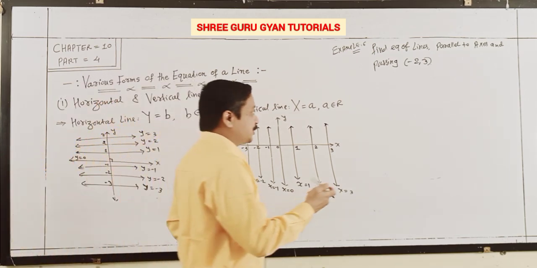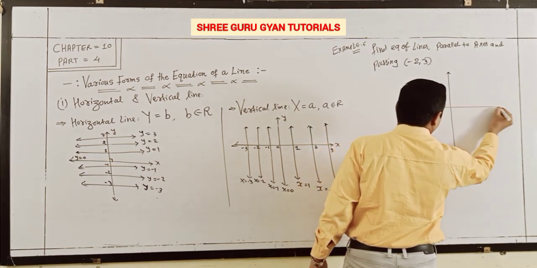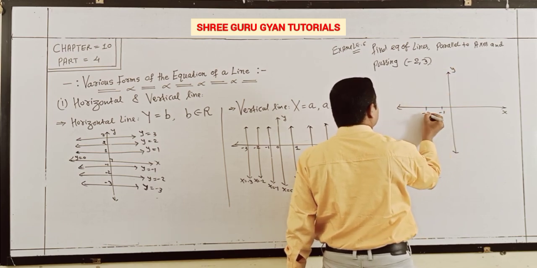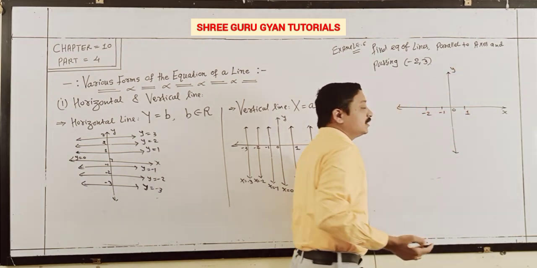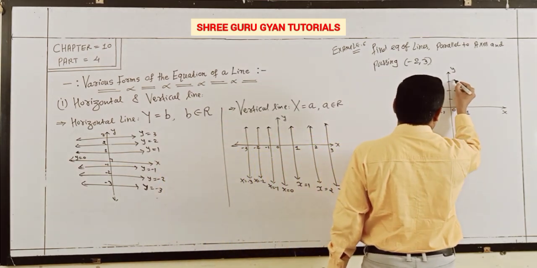Let me plot minus 2, 3 with the x-axis and y-axis, minus 1, minus 2 from the origin, and on the y-axis I have 3, so here 1, 2, 3.